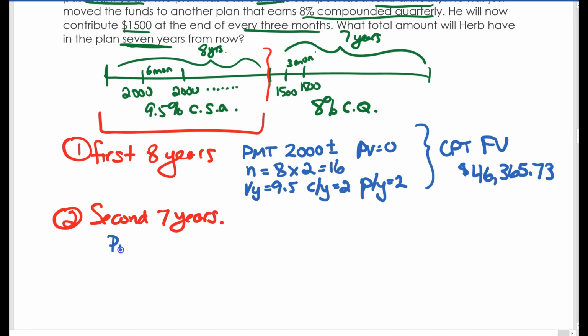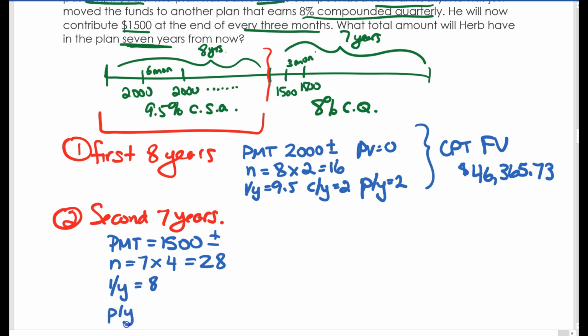Okay, our payments are now $1,500. Our N is 7 years times quarterly, which means 4 times a year, so that's 28. Interest per year is 8. Payments, which is equal to compounding per year, is quarterly, so that's 4.